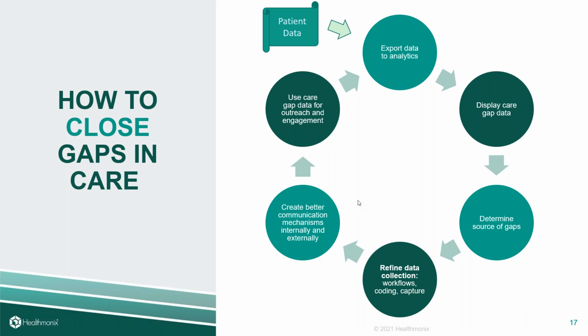Sometimes it's a matter of better communication, both internal to your office, external to others in the network, external to others in the geography. Sometimes you need to use that gap data to reach out to patients. And again, what we're doing is putting in place different methods to address these gaps and then circle back. So it is a continuous improvement loop.